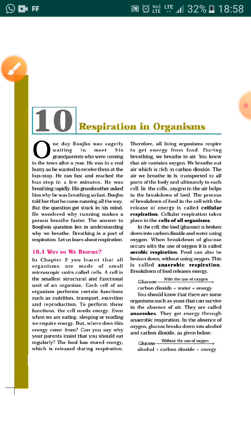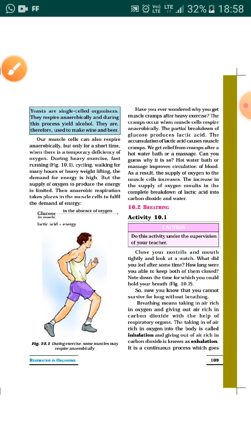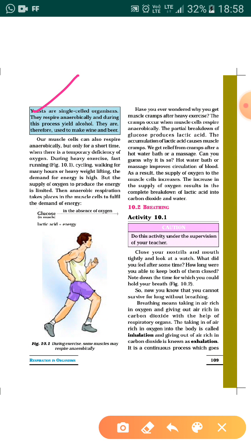So wine and beer are formed by yeast undergoing anaerobic respiration, where they respire without the use of oxygen and produce alcohol, carbon dioxide and a little bit of energy for them. This is a big industry where yeast is used. Yeast is a single celled organism, or you can say it is a fungus basically.